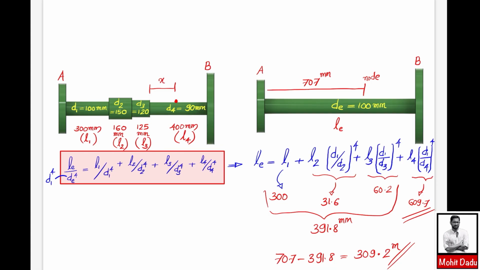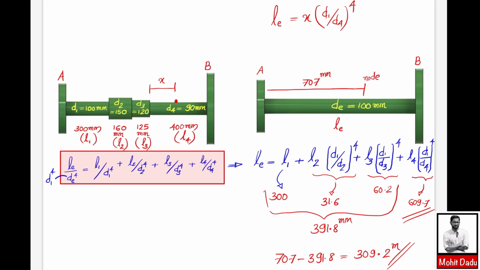Suppose this distance is x. The length in this part is x, and in the torsionally equivalent shaft it is 309.2 mm. So you can relate them with the equation L equivalent for this part only as x into d1 divided by d4, raised to 4. Solving this gives the value of x.